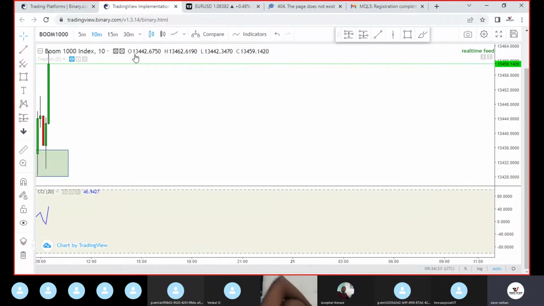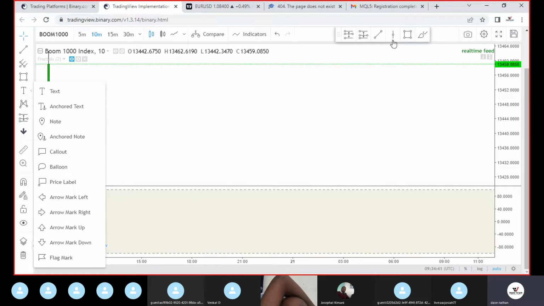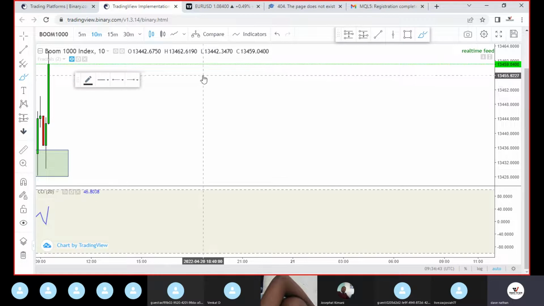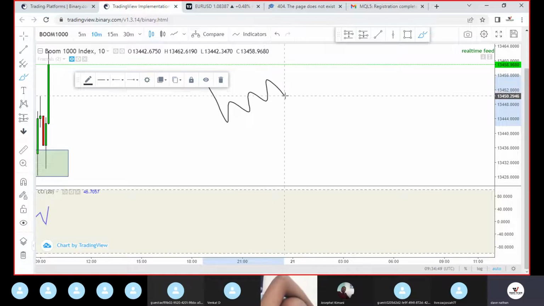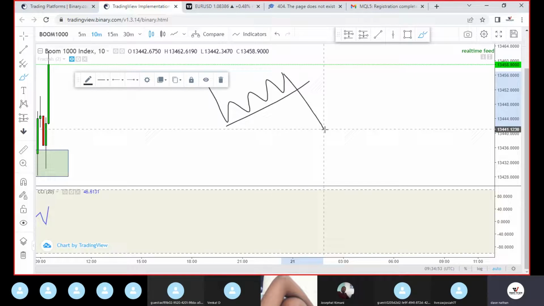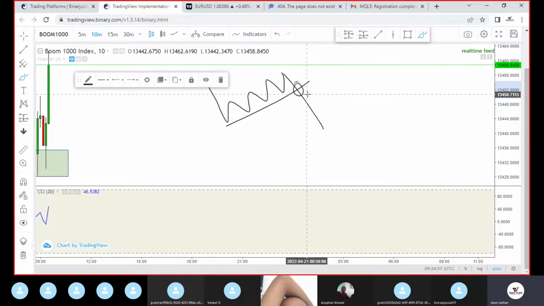So in a downtrend, we need to see the markets behaving like this. And then we need to see that diagonal breakout for us to take the trade at this point.